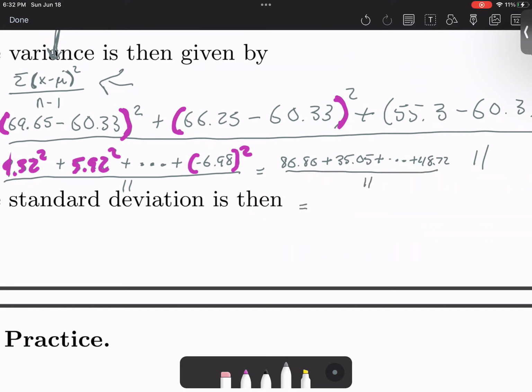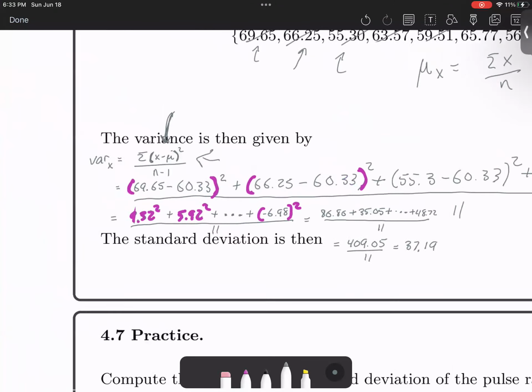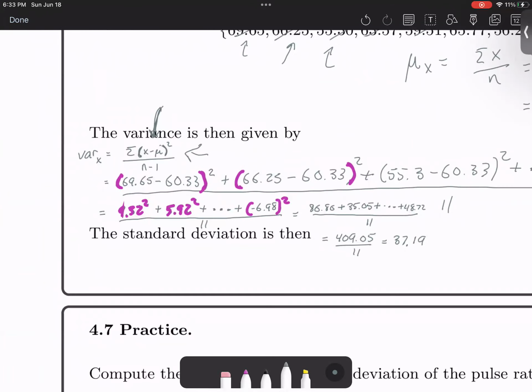All right, next step in the order of operations is perform that addition. So the sum of all these squared differences is 409.05. And when we divide by the degrees of freedom, 11, we get a variance of 37.19.